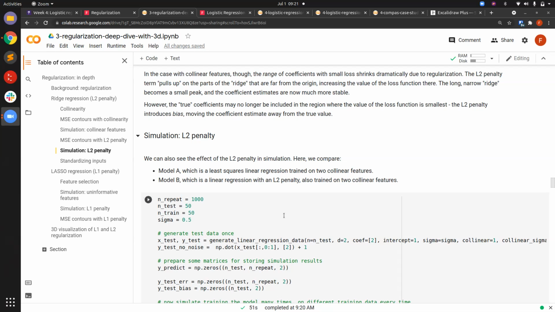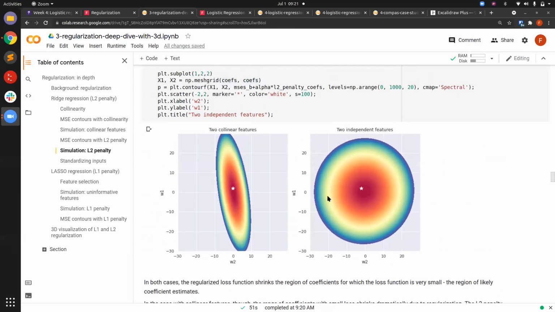So let's take a look here. Now, a moment ago, I told you that for a least squares linear regression, as long as there's no undermodeling, there's no bias. But once you have a regularization penalty, notice now the true optimal coefficients are no longer at the very minimum of the cost function.